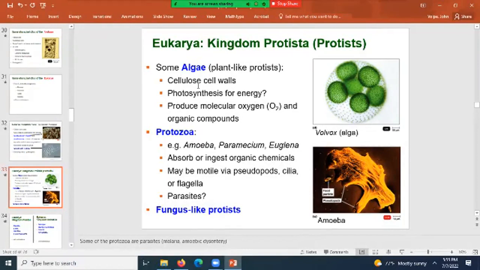They have cellulose in their cell walls, meaning similar to plants. They engage in photosynthesis for obtaining their energy, and they produce molecular oxygen as well as organic compounds, meaning they make glucose and all of their food from CO2 and water.